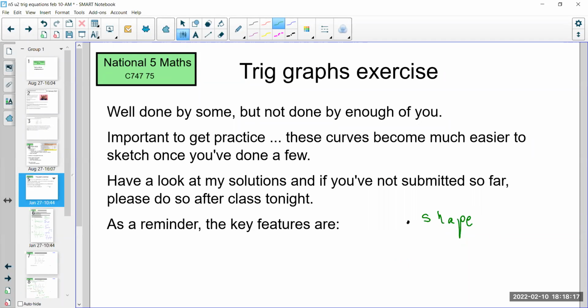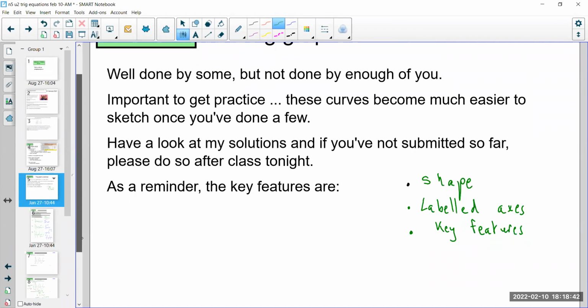Then you need to be labeling, so you need to have labeled axes, usually x and y. Then I'm going to mention the key features so that you've got a better understanding of what we're trying to do.